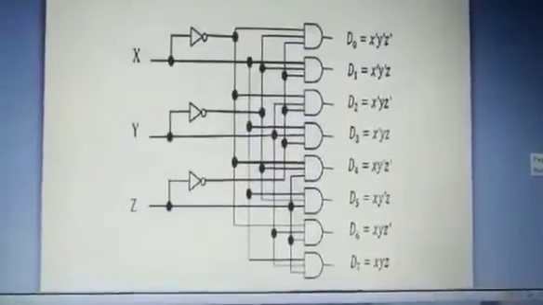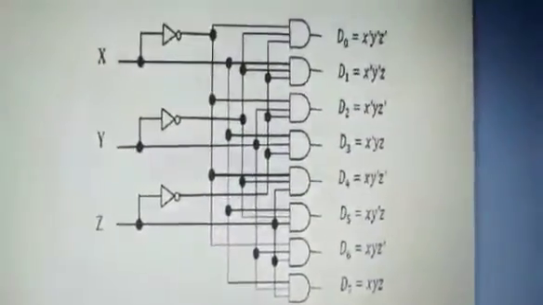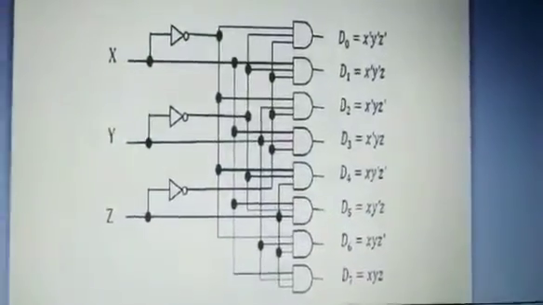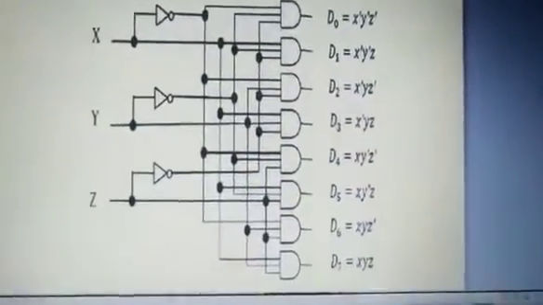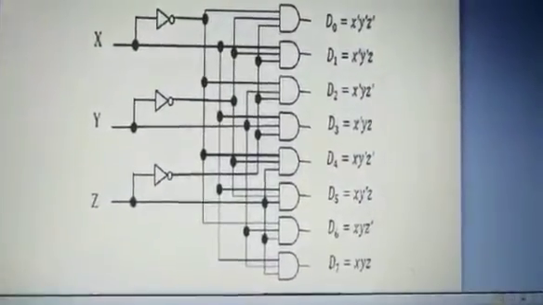So depending upon the Boolean expressions obtained from this truth table, we can design our logical circuit for 3x8. The logical circuit looks like this pattern, where we use 3 NOT gates and 3-input AND gates, 8 of them required.